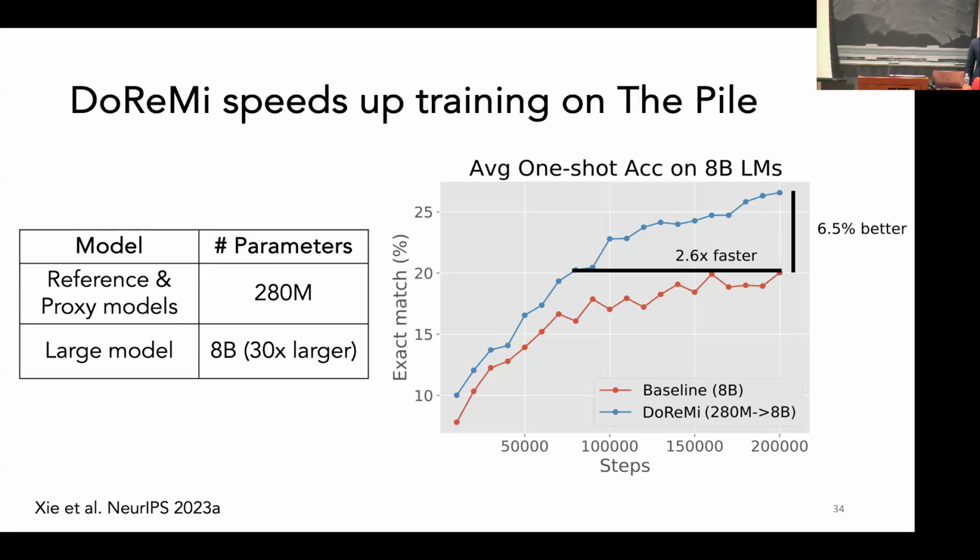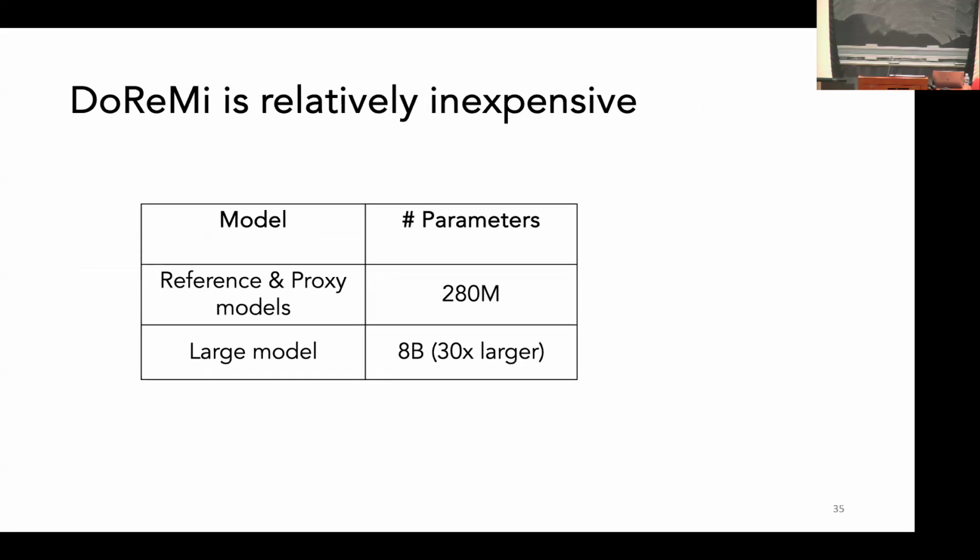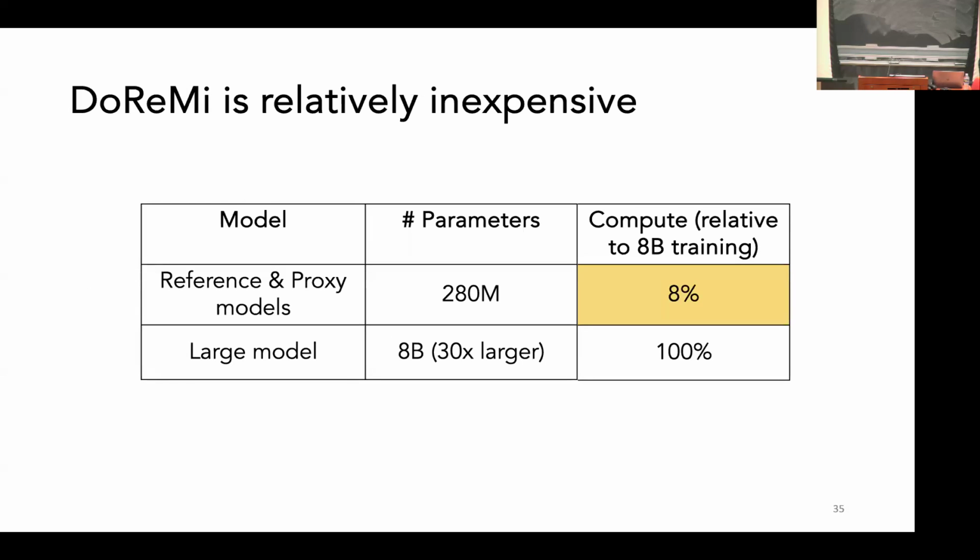Given the same training budget, it achieves 6.5% better downstream performance. The baseline here is the manually tuned weights from the Pile dataset. Domain weight optimization is relatively inexpensive: steps 1 and 2 take only about 8% of the compute needed for step 3, training the 8 billion parameter model.